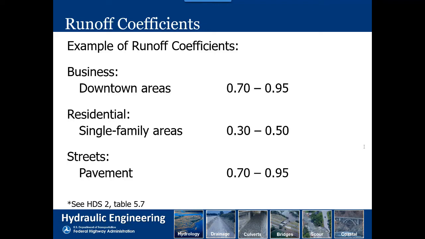If you have a lot of impervious area and smaller lots, maybe townhomes right next to each other, or single family homes with 10 feet between them, then you might go for 0.5. So it's up to you. It's you using your engineering judgment to figure out which one you should use. But it will affect the discharges you calculate. Any questions about that?